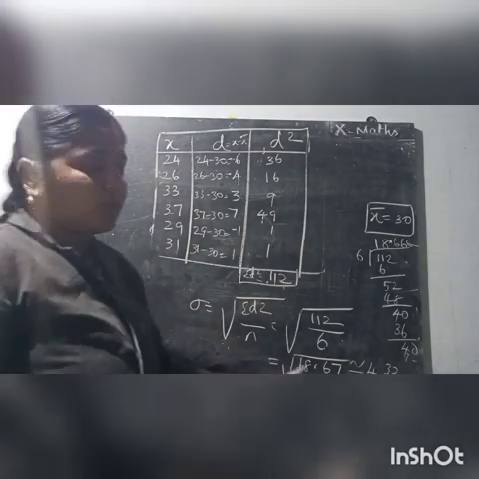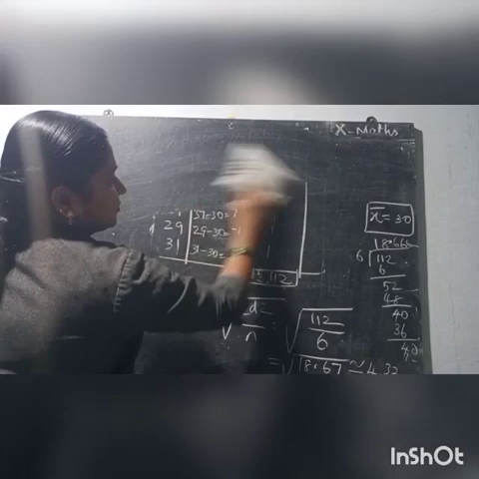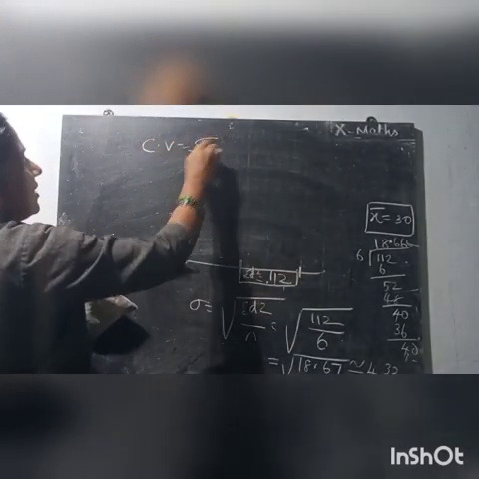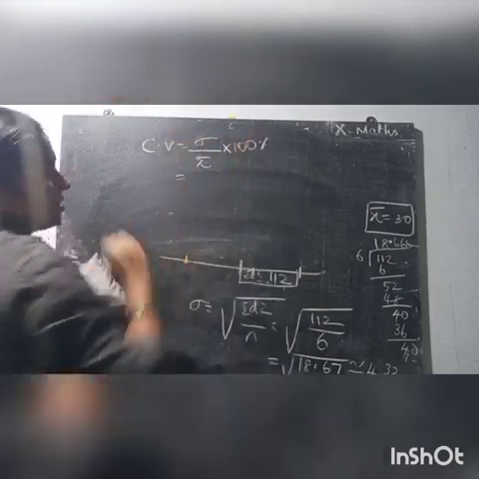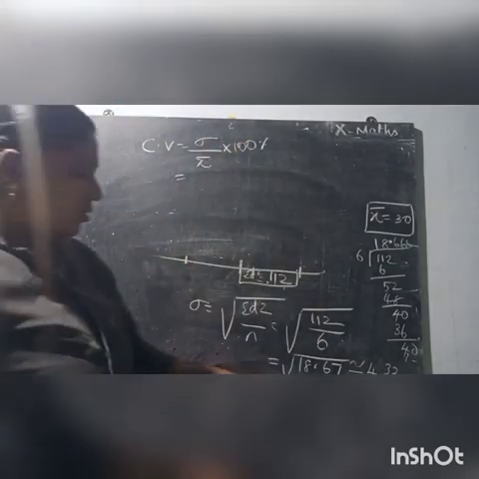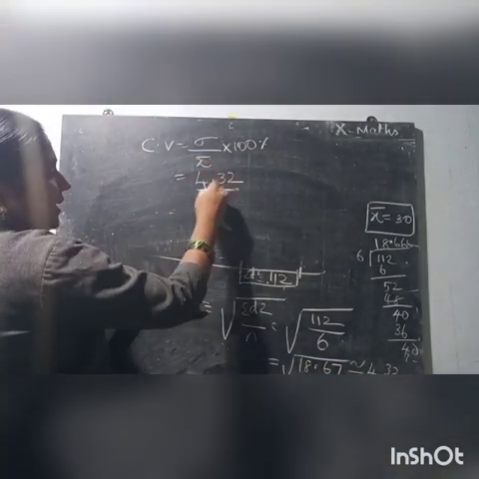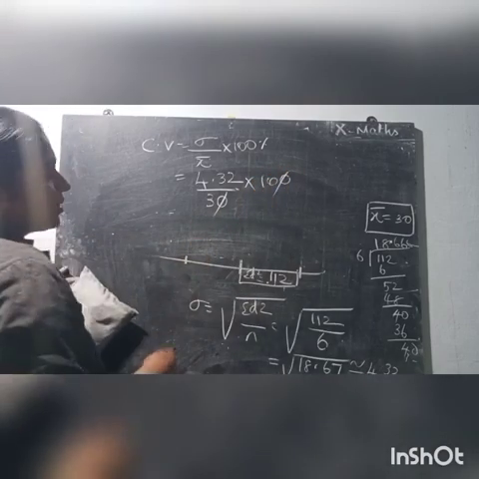Next we want to find the coefficient of variation. See, CV equals standard deviation by x bar into 100 percent. So the standard deviation value is 4.32, divided by the x bar value 30, into 100. The zeros cancel.